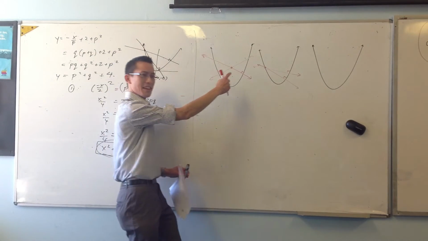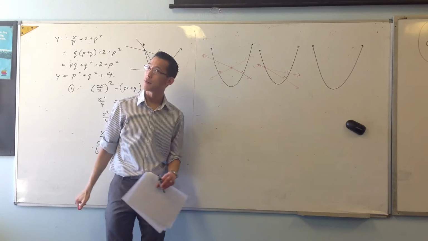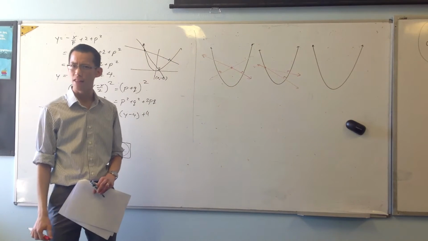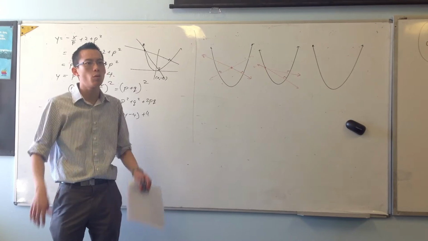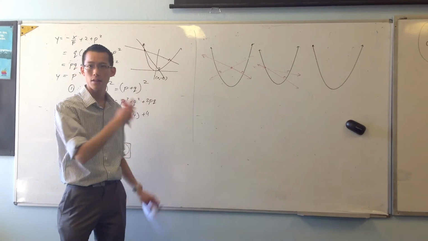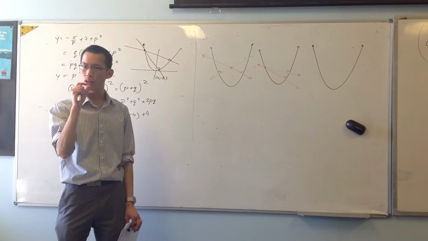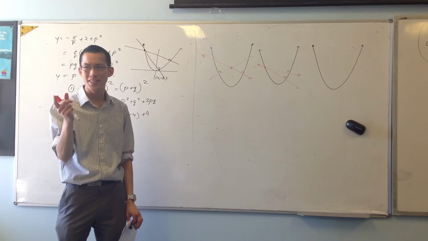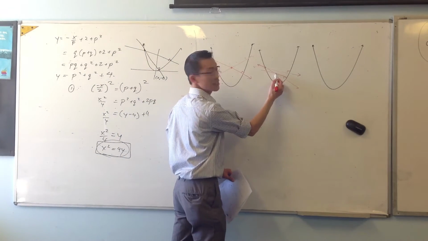So they can intersect inside, they can intersect on the parabola. Could they possibly intersect outside the parabola? Yes. What kind of condition would we need? Sort of close together, but not too close together, because if they're too close together, they'll still intersect inside.